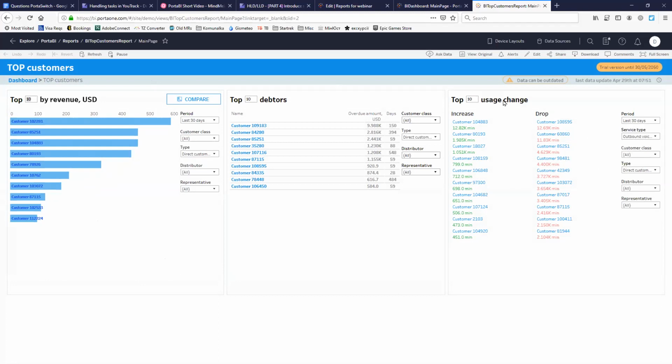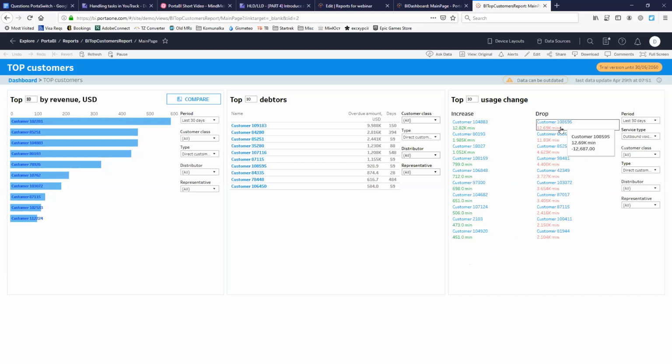That's usage change. What it does is take the usage for the last 30 days of each customer, and then it builds a top list of customers who increased their usage over the last 30 days when compared to the previous 30 days. And the top of customers whose usage dropped compared to the previous 30 days.